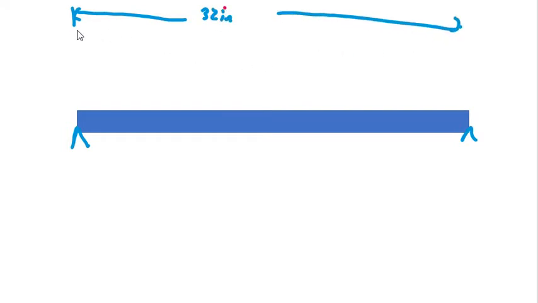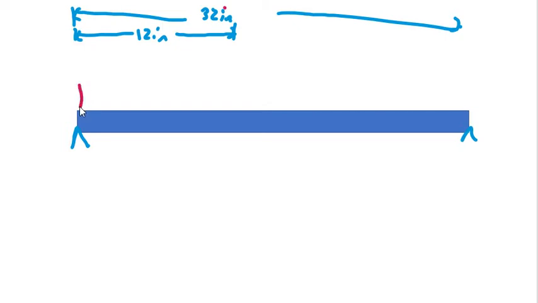So let's say we have this, it's supported here, it's supported here, and let's say that it is 32 inches long from end to end, and if I go 12 inches, a little more than a third, what I have is a distributed load.